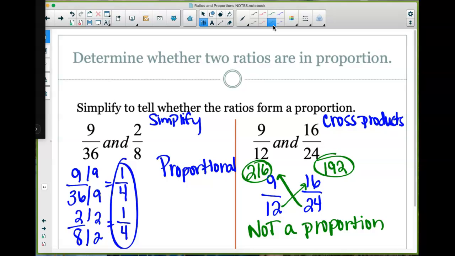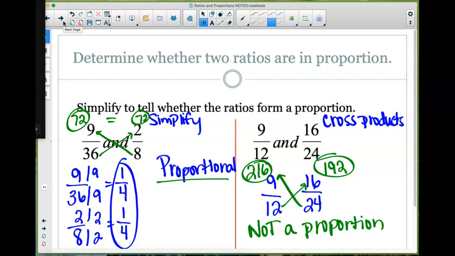And it would have worked to do cross products here also. I could have done 36 times 2 is 72. 8 times 9 is 72. Because they are equal, it was proportion. If the cross products are not equal, then it's not a proportion. Okay, and again, I don't care which method you use, whichever one you think is easier for you. I like cross products. I don't know about you guys.